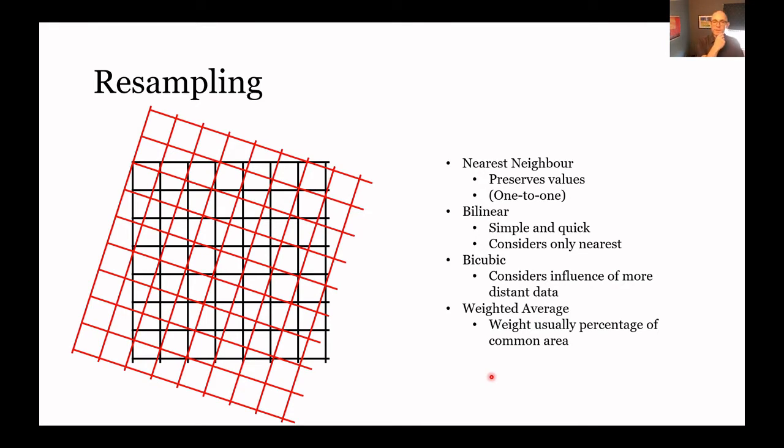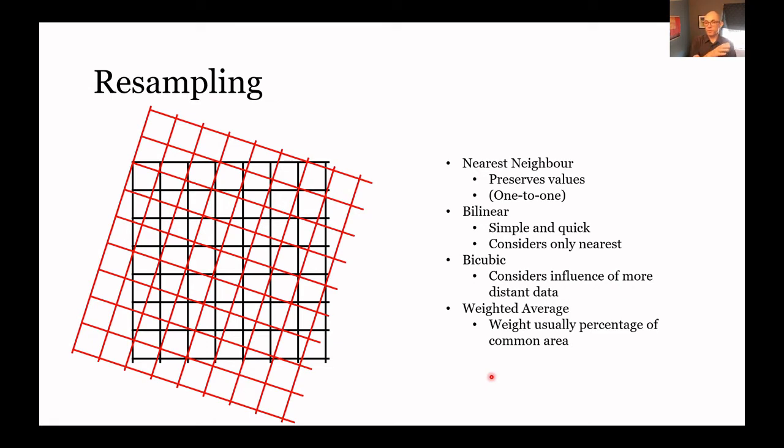If, however, we think that we can get away with slightly altering the values in the image, we can do something called, I say, a bilinear interpolation, which looks at the pixels in the immediate vicinity and does a linear interpolation between those to create a new value.